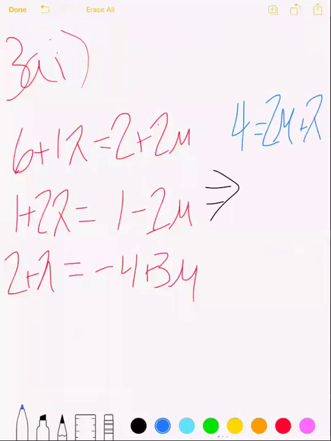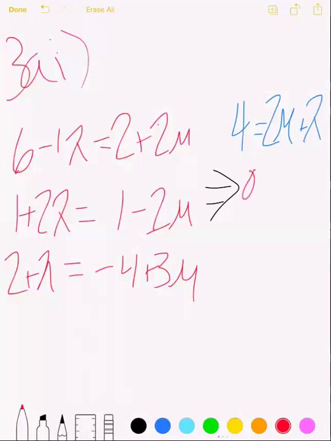Would it be 6 minus 1 lambda? It totally is. Okay. I have plus negative on mine. I missed it. But this equation is right still, because you move the lambda to the other side. So it would be 4 is equal to 2 mu plus lambda.